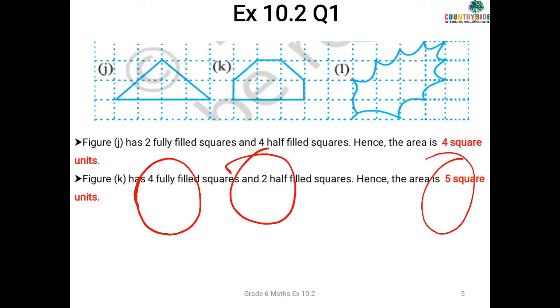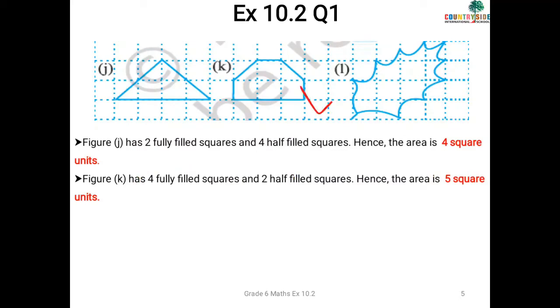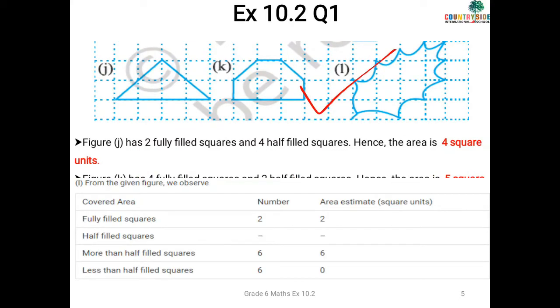Very easy. Now this part is very important, so I have made this detailed. See, fully filled, so 2 are fully filled, so the answer is 2. Half, there is none that is half filled, so 0. More than half, so 6 are more than half.